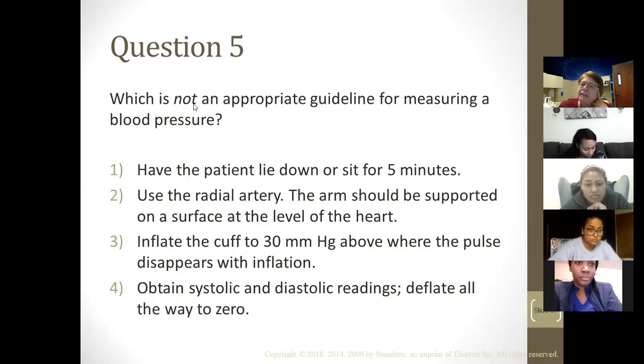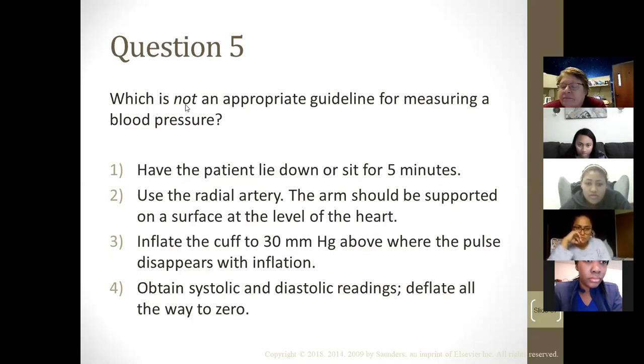And which is not an appropriate guideline for measuring blood pressure? Sure about that? It's 1. We don't want them to lie down, or sit, or relax for 5 minutes before we take their blood pressure.